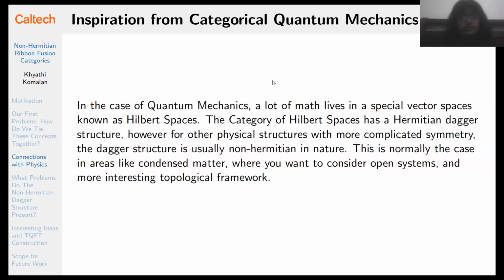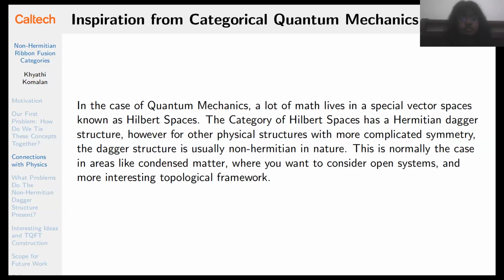Like I said before, in the case of quantum mechanics, a lot of the math lives in a special vector space known as Hilbert spaces, which carries its own set of properties. In the paper I mentioned before, the category of Hilbert spaces has a Hermitian dagger structure. For other physical structures, this is a little more complicated, and you don't necessarily need a dagger structure that's Hermitian in nature.